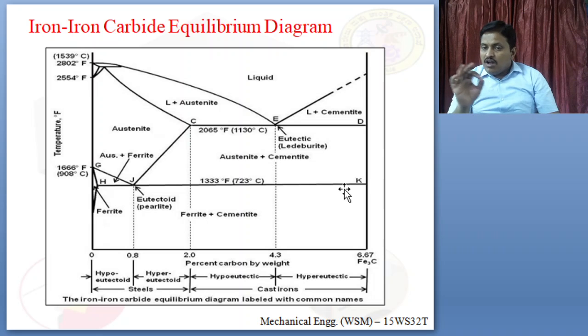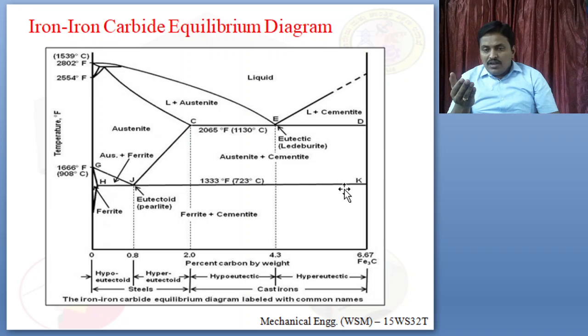Crystalline means all the atoms are arranged periodically in a regular pattern. It may be a square, rectangle, hexagon, different shapes you are going to get. Above 723 degrees centigrade, if you heat, the metal starts converting from solid to liquid.